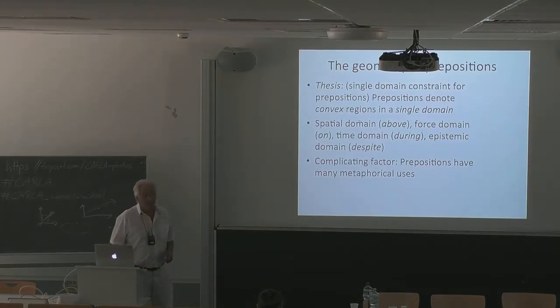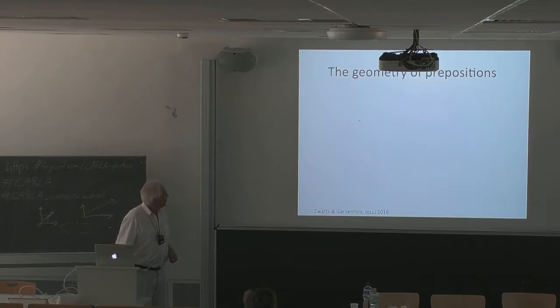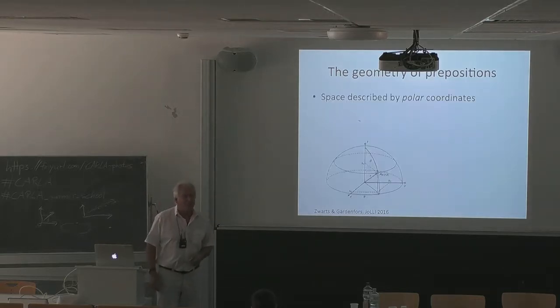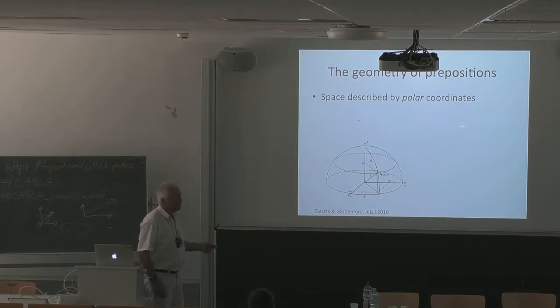So when Michael talked about prepositions, he talked about angles and distances. And that's a way of saying that what you need when you describe prepositions is to use polar coordinates. Polar coordinates are defined in terms of angles and distances.